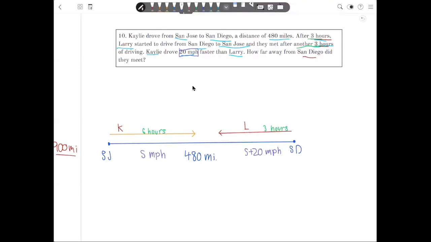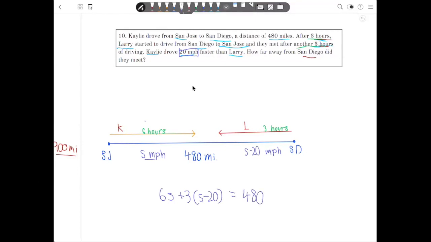Now we can find the total distance in terms of that. The total distance is 6S, 6 hours at S miles per hour, plus 3 times (S minus 20), is 40.